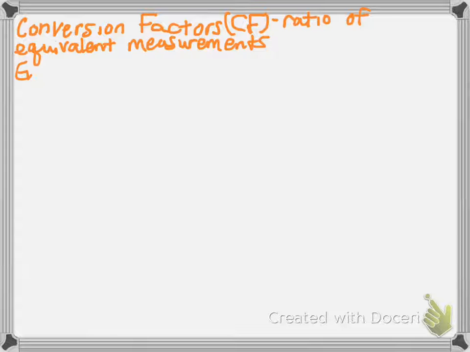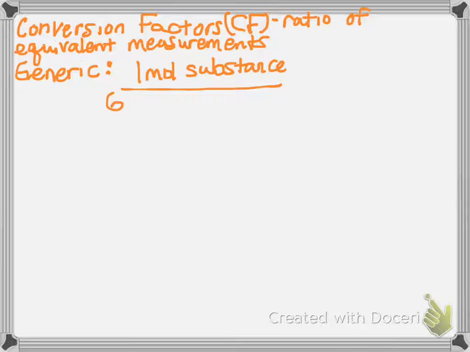So here's a generic one for this, and then we'll look at some specific ones. We can say that 1 mole of substance over 6.022 times 10 to the 23rd representative particles.